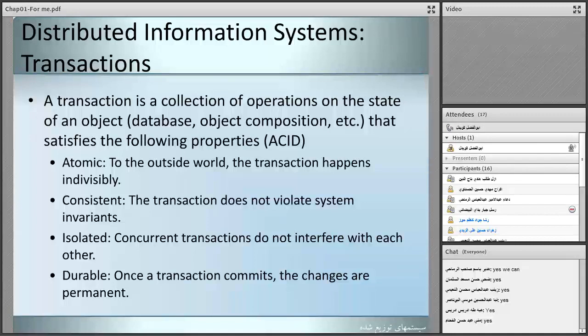The first property is about being atomic. To the outside world, the transaction happens indivisibly. It means you cannot divide the transaction, you cannot break it into two or more sections. For example, suppose you want to transfer money between your accounts.